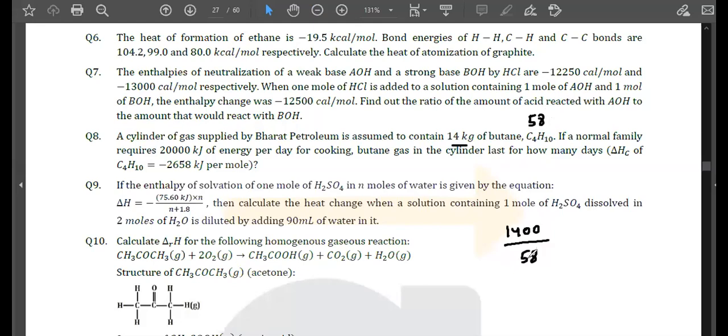This is your number of moles, right? Now, a normal family requires 20,000 kilojoule per day, and the amount of energy that C4H10 produces is 2658 per mole. So total mole is this. So total energy. It's a very simple problem.